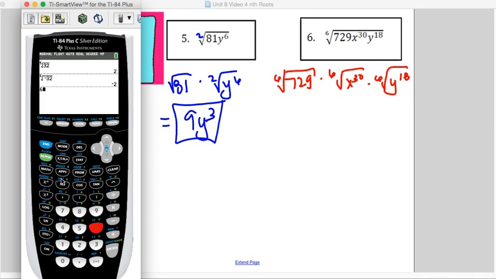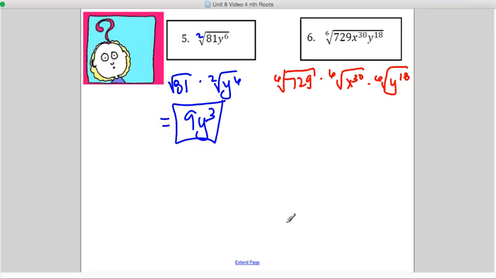So I would type 6, go to math, number 5, enter. So it's the 6th root of 729. And we get 3. So this is 3. 30 divided by 6 is 5, so I have x to the 5th. 18 divided by 6 is y to the 3rd. So my final answer is 3x to the 5th, y to the 3rd.